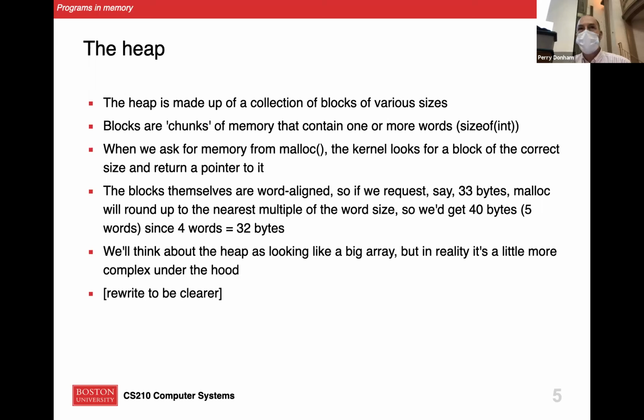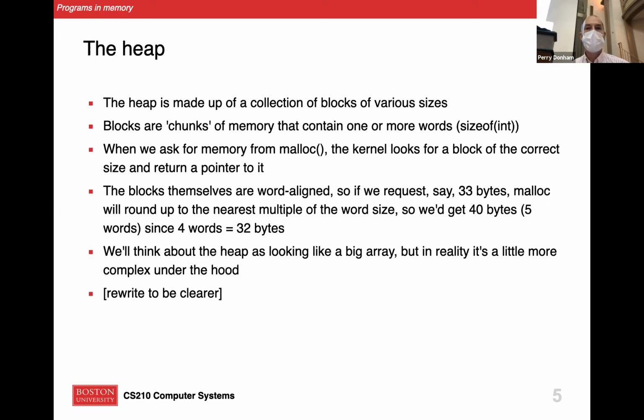And then I've got a bunch of blocks that we put together into chunks. And it's the chunks that malloc is interested in. When I ask for a piece of memory with malloc, malloc is going to look for a chunk of memory that's the correct size and then return it to me. Now, the blocks themselves are word aligned. So that 4 byte block, I can't allocate 3 bytes.